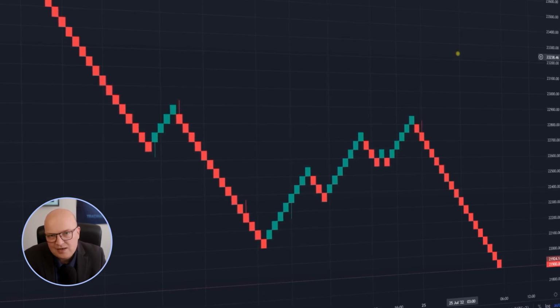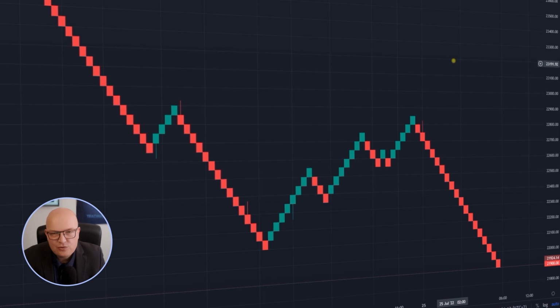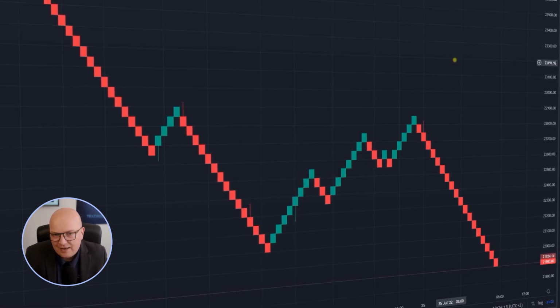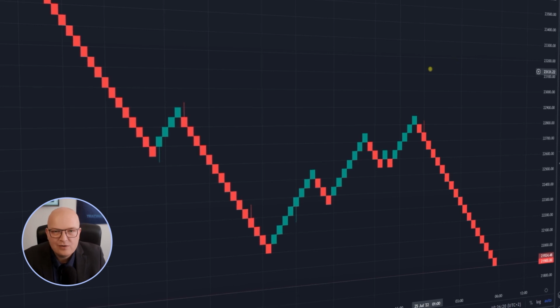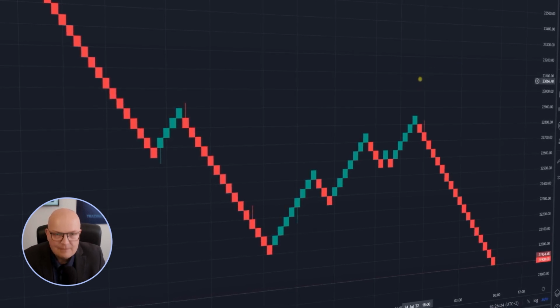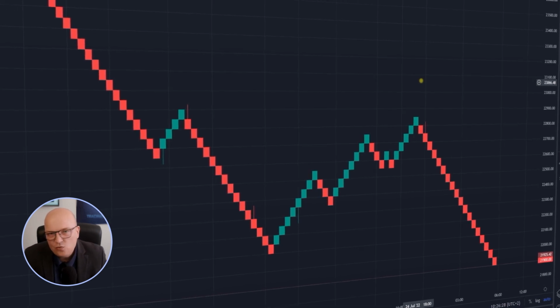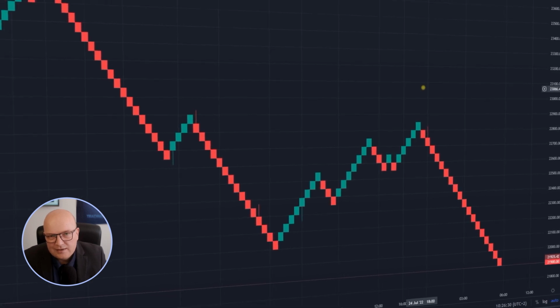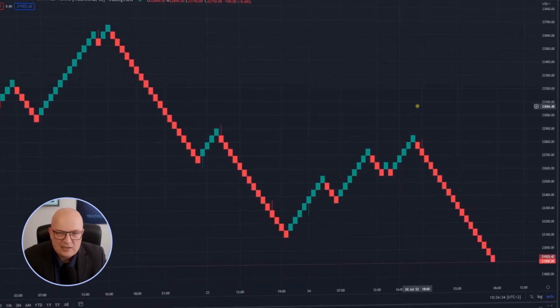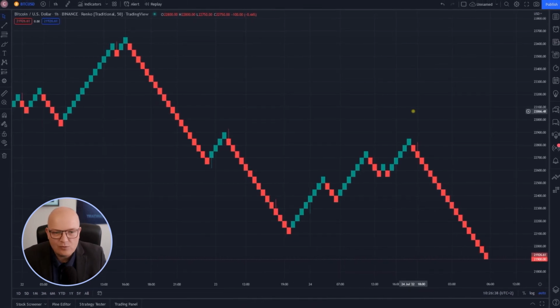So this type of chart makes it very easy for you to identify the major trends. You don't get as much of the noise you get, for example, with candlestick charts, or as a matter of fact with line charts. So they can help you to clearly identify the trends if you have trouble seeing whether we are in a downtrend, sideways trend or even uptrend at the moment.